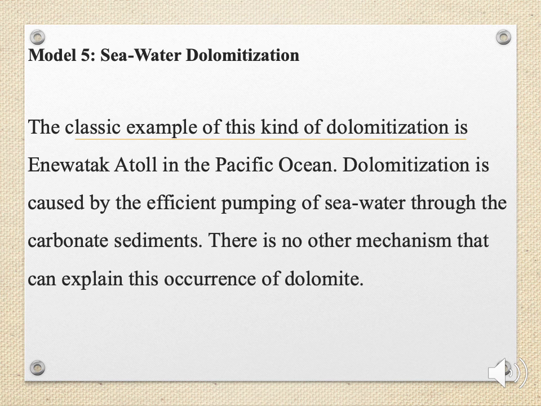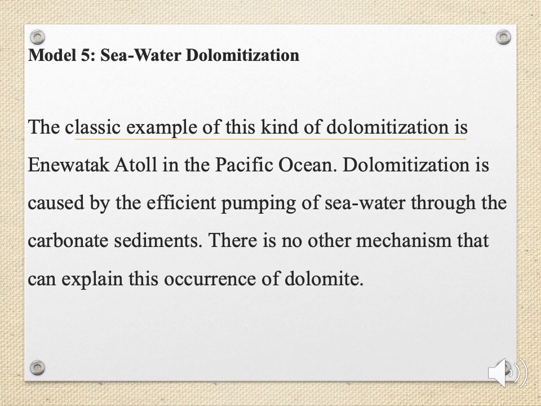And the fifth model is seawater dolomitization. Now, the classic example of this kind of dolomitization is Enewetak, an atoll in the Pacific Ocean. Here, dolomitization is caused by the "efficient" pumping of seawater through carbonate sediments.